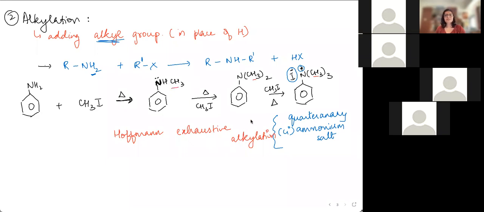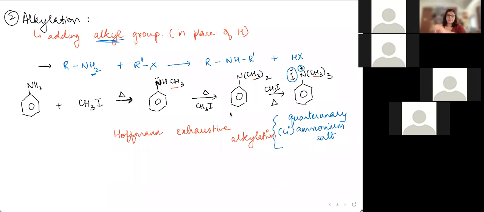Exhaustive alkylation, because you're substituting every single hydrogen available and then some, to the maximum extent. So Hoffman's exhaustive alkylation is when it is allowed to convert to a quaternary ammonium salt.